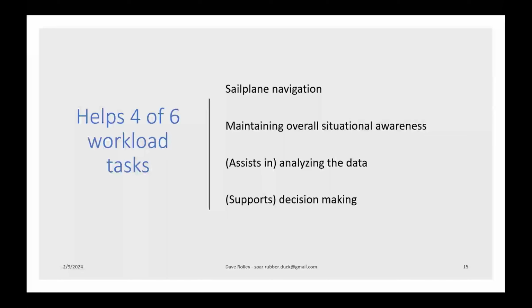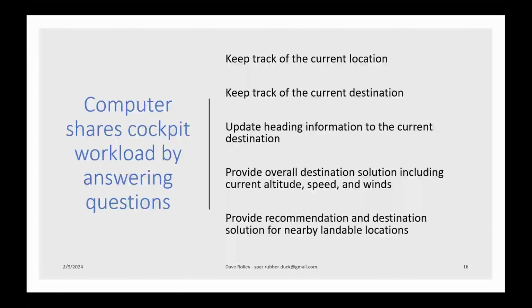And one of the things we have to remember is, especially if it's a close decision, we always have to check outside to cross-check the recommendation. We don't want to take that recommendation if it's a poor one. So the computer is sharing our workload, and it's helping answer questions. It's helping us keep track of our current location and our current destination.